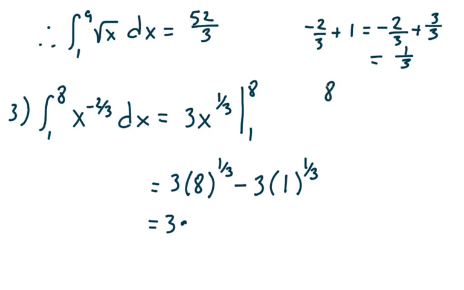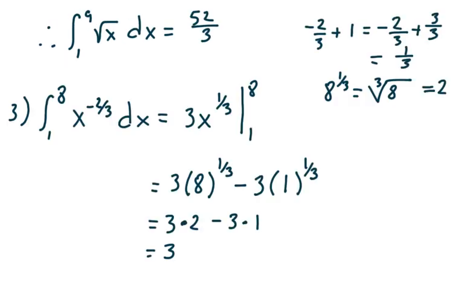I'll come up here. 8 to the 1/3 is the cube root of 8. But the cube root of 8 is 2. So this is 3 times 2 minus 3 times 1. So this is equal to 3.